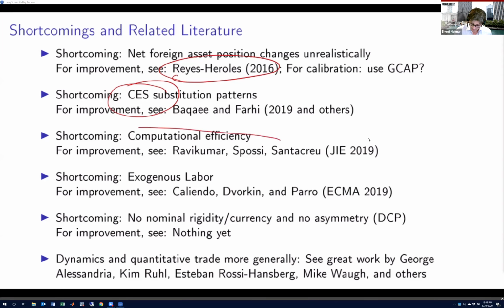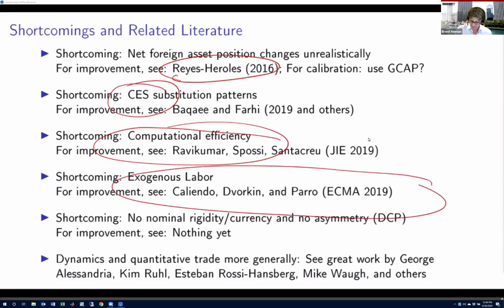Our paper requires a lot of computational work, and that's been improved and simplified in a similar framework by Ravi Kumar and co-authors. As I mentioned, we have a very boring, unsatisfying labor market in our paper. There's work by Caliendo, Dvorkin, and Parro that, for instance, incorporates nice labor market dynamics into these sorts of models.